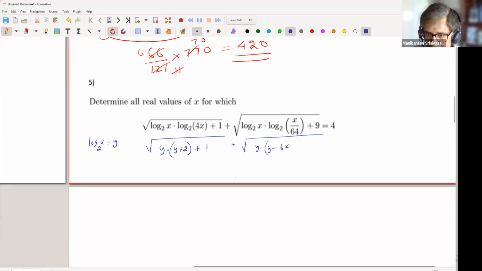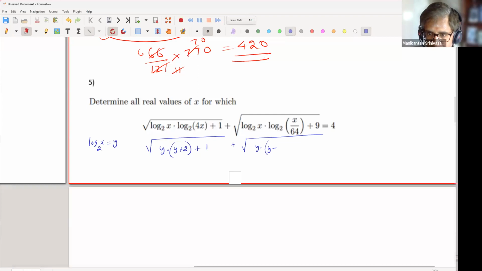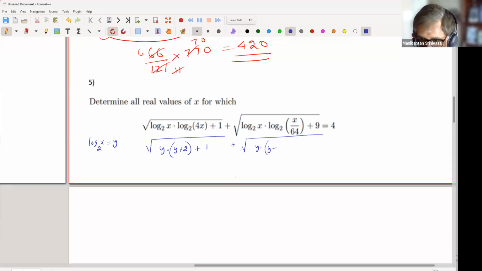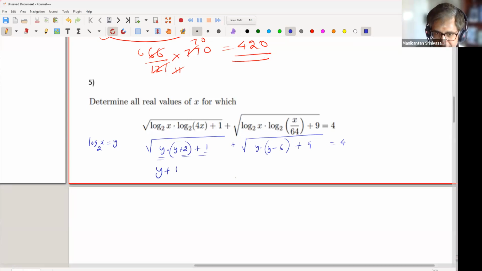So log 64 to the base 2 is 6, and then plus 9 equal to 4. So this is y squared plus 2y plus 1, and we would immediately write it as y plus 1. Let's go with that, and that's where the mistake lies.